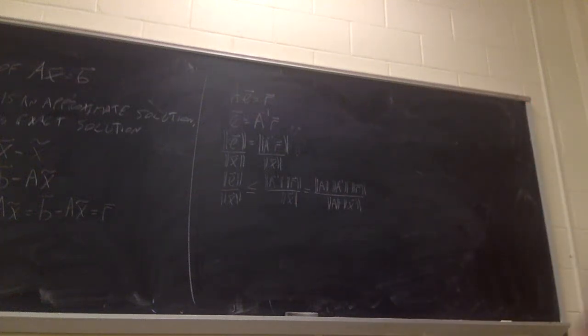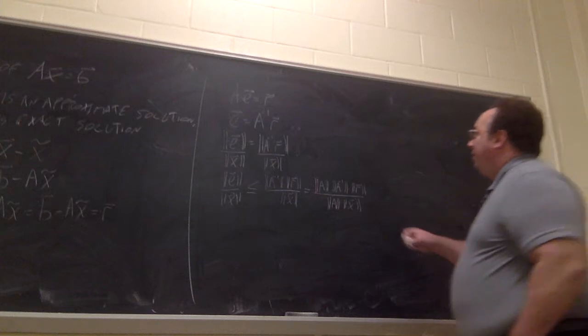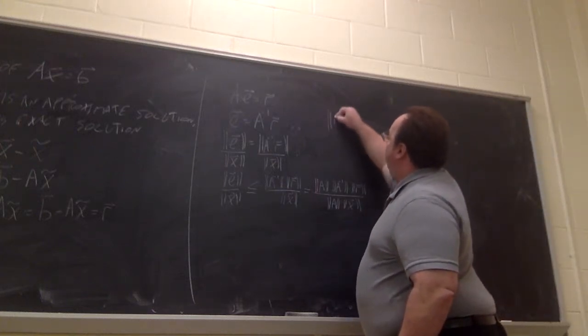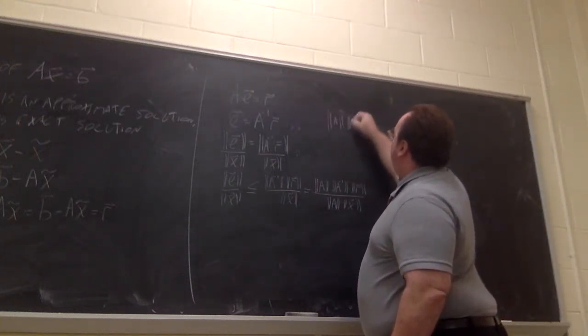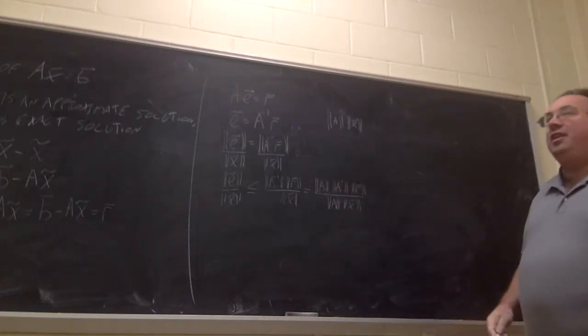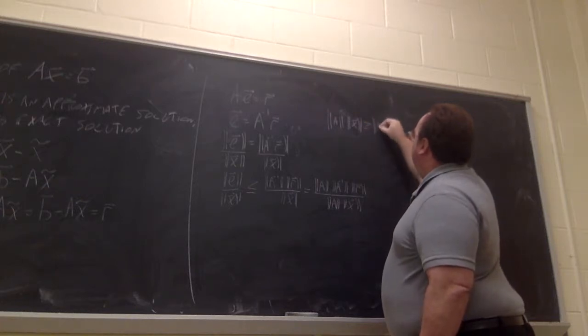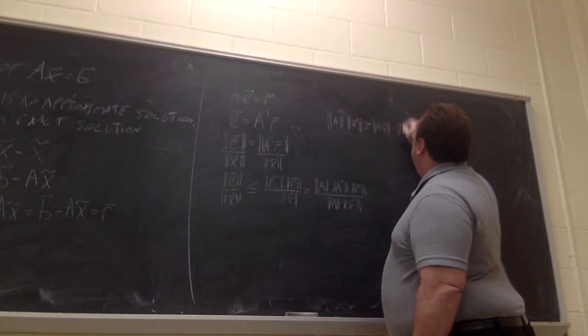Now, let's take a look at what we have in the denominator there, norm of A times norm of x. Well, norm of A times norm of x, using the same properties I used over here, is greater than or equal to the norm of Ax, which is just b.